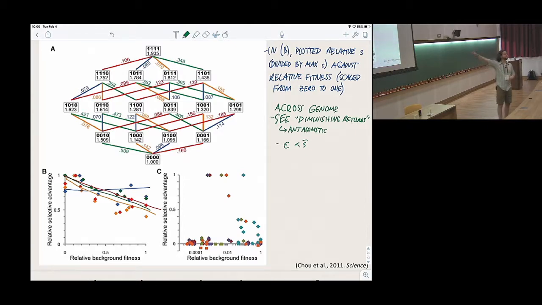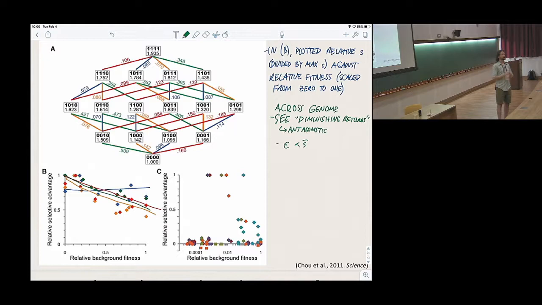This is a biased set of mutations. I'm going to talk about bias in a couple of places. These are the mutations that won, right? This was a background that did well. And if there could have been synergistic epistasis, it would have been all the better, right? There was all the bias set up in the world to have the fittest possible background to outcompete the many other beneficial trajectories that were also occurring at the same time.